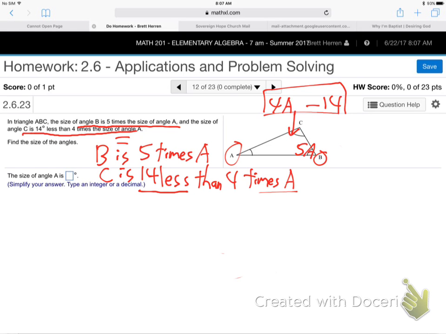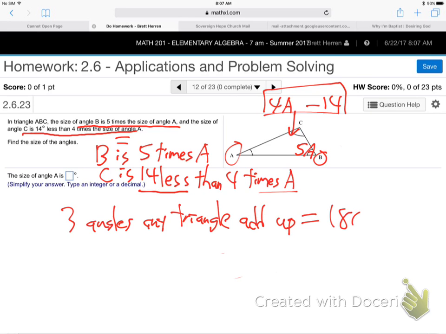The three angles in any triangle add up to 180 degrees.